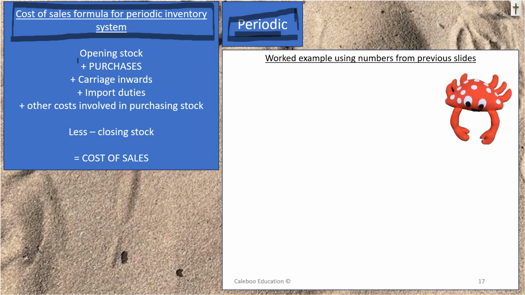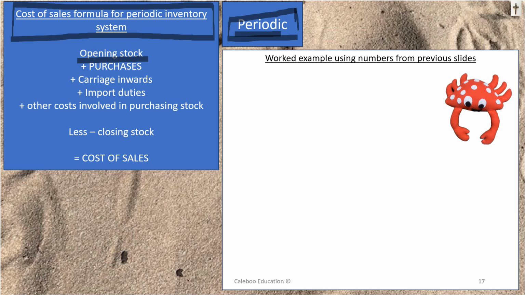You take the amount for opening stock, which would have come from the only time the account trading inventory is used in the periodic inventory system, which is to record opening stock and closing stock.